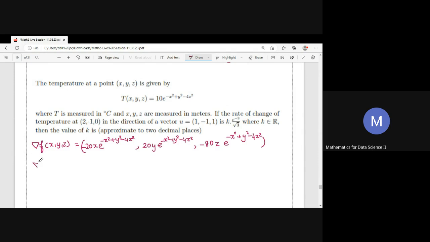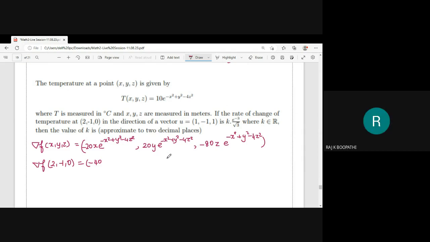Now the gradient function at which point? 2, minus 1 and 0. We will do a dot product. z is 0, y is minus 1 and x is 2. So what will you get? Minus 40.